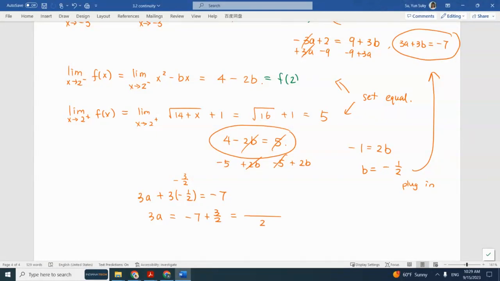What's -7 over 2? 7 is what over 2? 14 over 2. Yes. Okay, what's -14 plus 3? -11 halves.